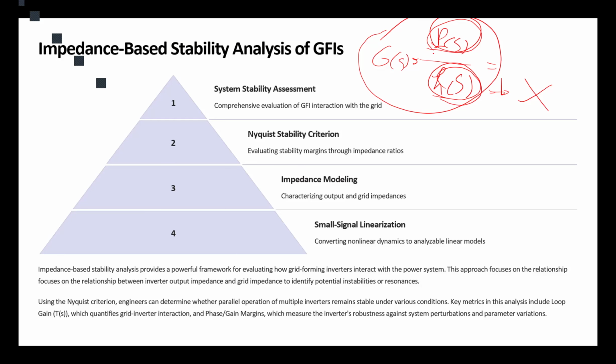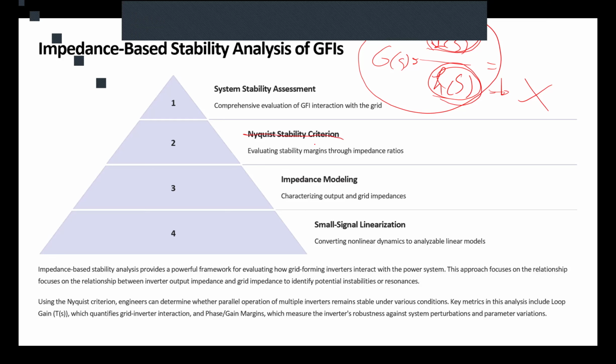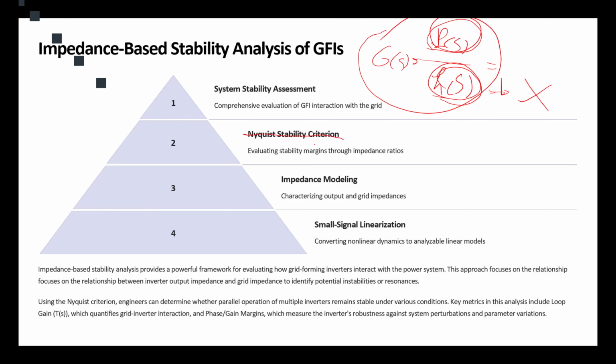I hope you know the Nyquist stability criteria. This is what it means. There's a Nyquist graph. You put the poles and zeros, and you find out where you are, and what is the possibility of becoming unstable or being on the stable side.